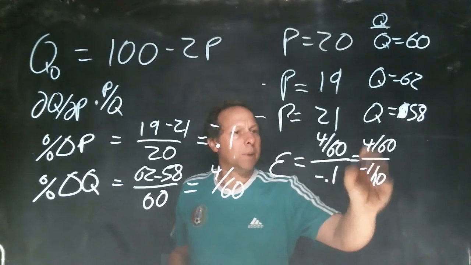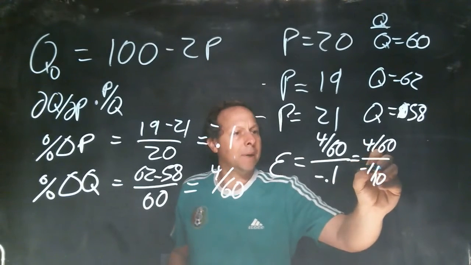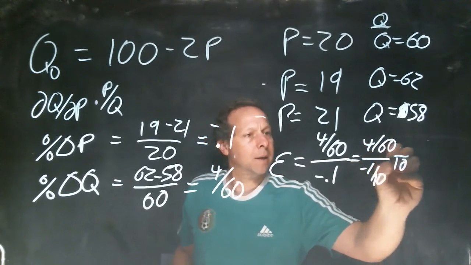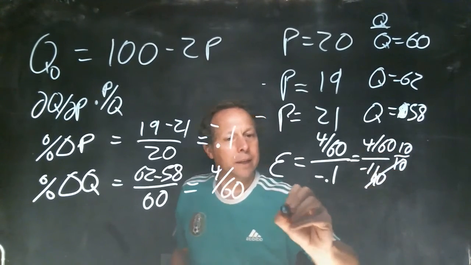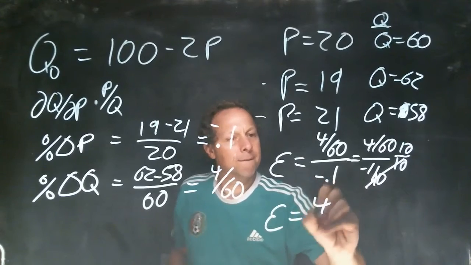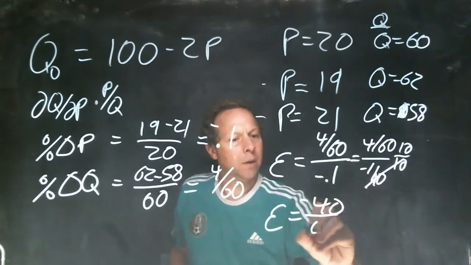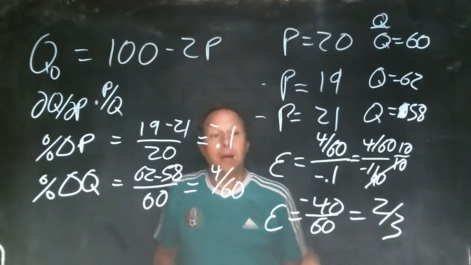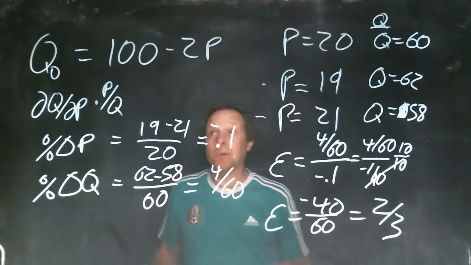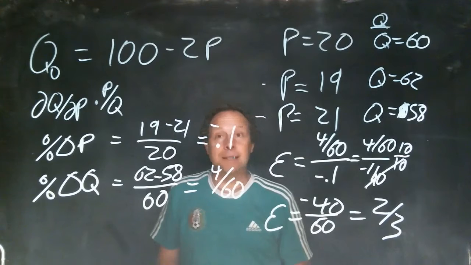So I can multiply both the top and the bottom by 10. That's going to cancel this out, and that's going to give us negative 40 over 60, or 2/3. Because remember, we can drop the negative sign when we're talking about price elasticity of demand.